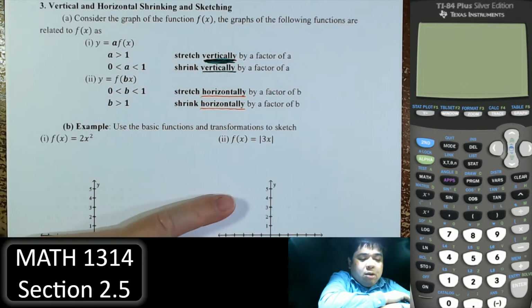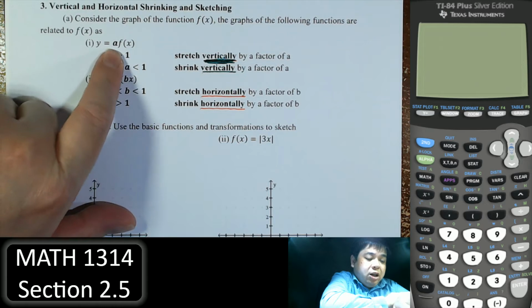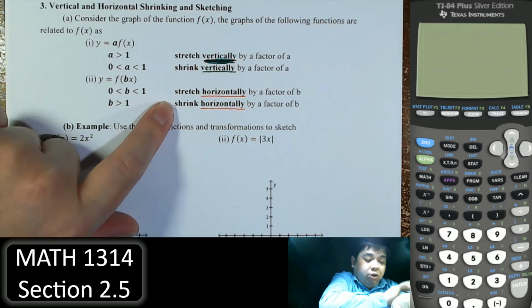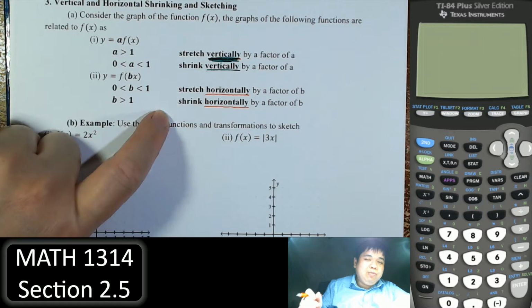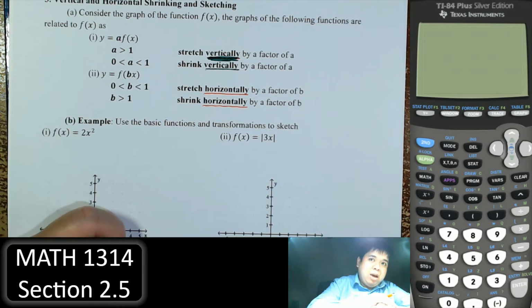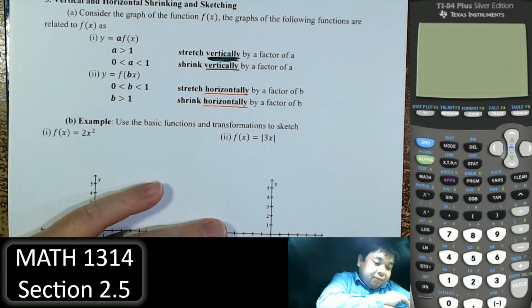Now, in terms of stretching and shrinking, as you see, they work in the reverse manner. If it's bigger than 1 it's a stretch, if it's between 0 and 1 it's a shrink. Well, the opposite, the reverse manner, horizontally. That's exactly like what we have in the note, right? Whatever affects the x values, whatever affects the graph horizontally, will be in the reverse manner of what we do on the y values, or vertically, right?